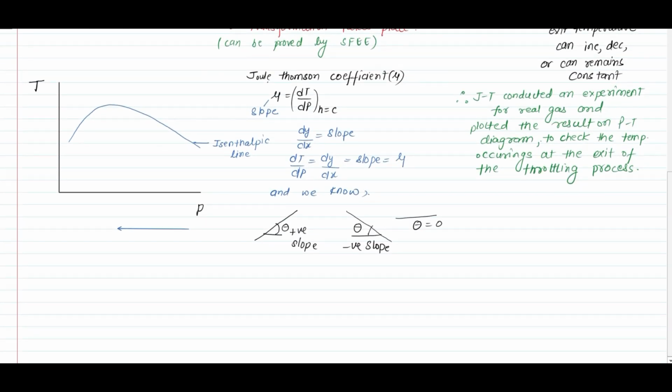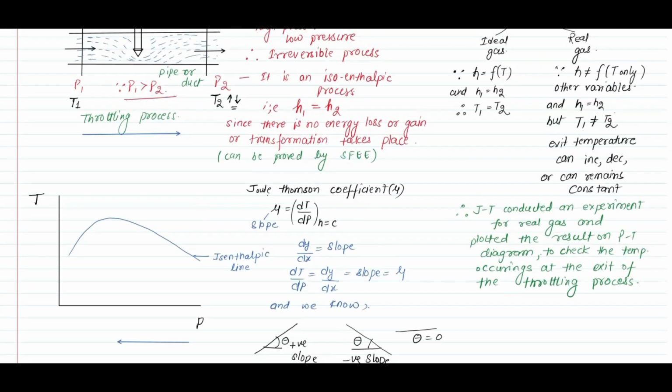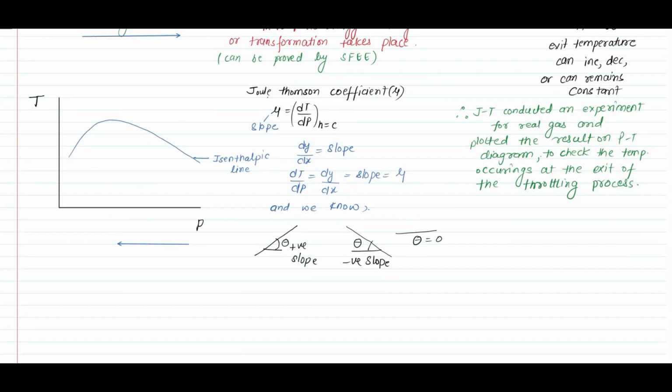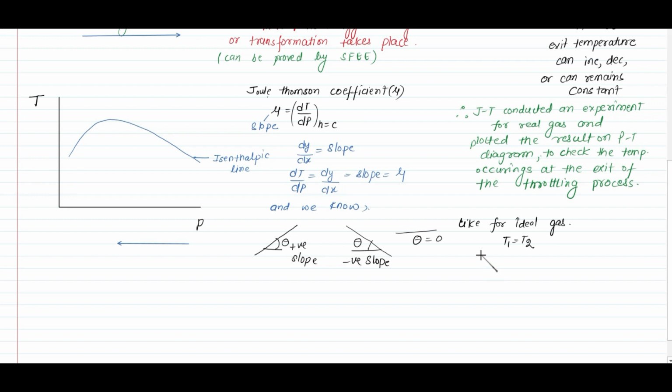We can see this situation in the ideal gas. How? For an ideal gas, T1 is equal to T2, so we will plot this temperature in the TP diagram.